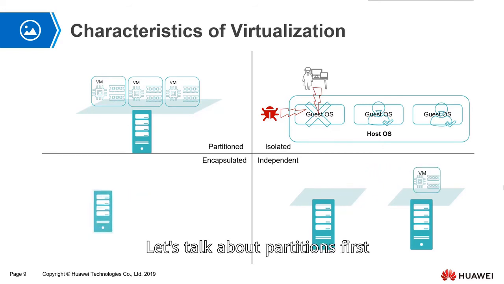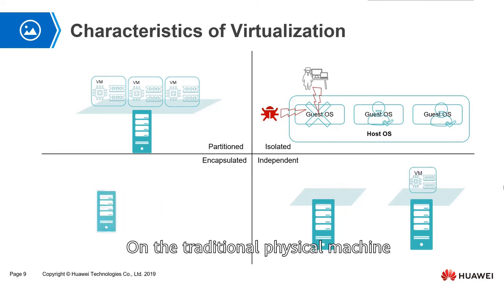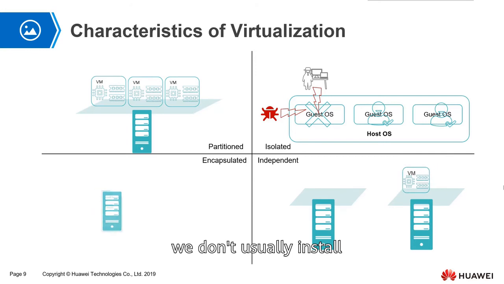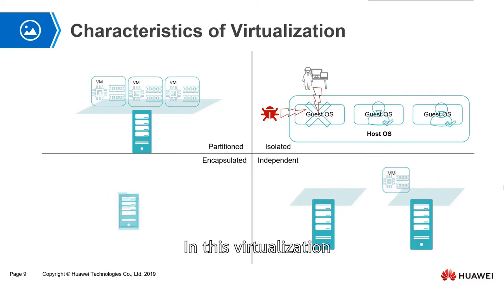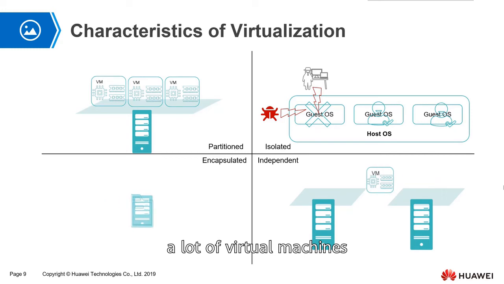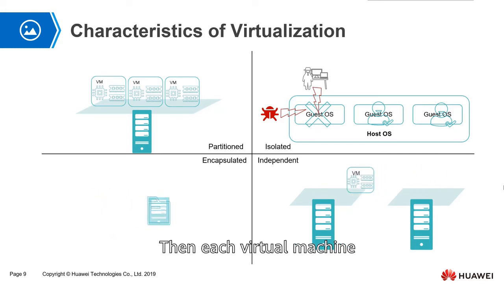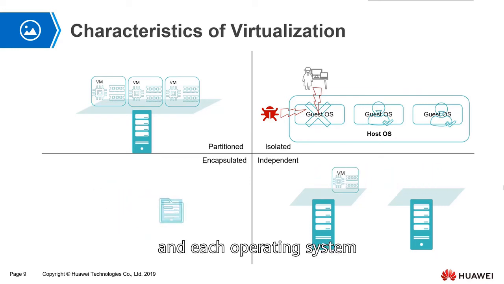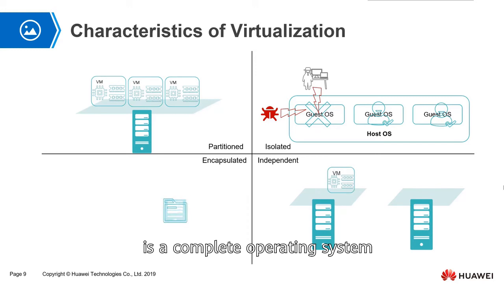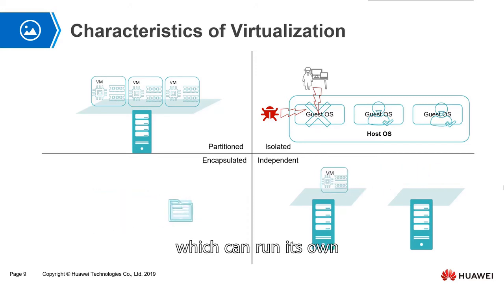Let's talk about partition first. On the traditional physical machine, we don't usually install a lot of applications because applications can easily cause conflicts. In virtualization, we can divide a lot of virtual machines on one physical machine. Then each virtual machine has its own operating system, and each operating system is a complete operating system which can run its own independent application.